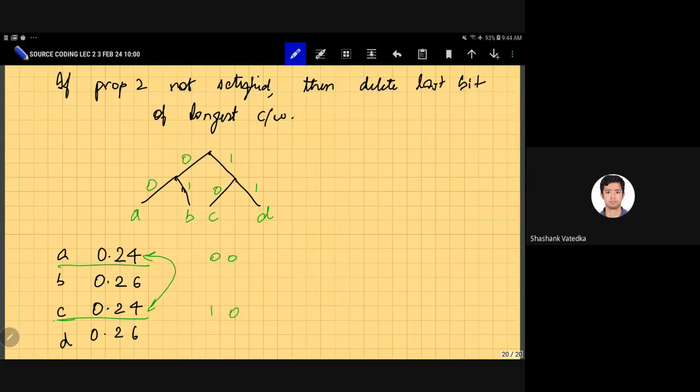But I can always convert this to a canonical code by just exchanging the code words of B and C. I can always construct the following code. Note that this is not the Huffman code for the given distribution. It's a different code, but it is still optimal in the sense that it achieves the minimum expected length.